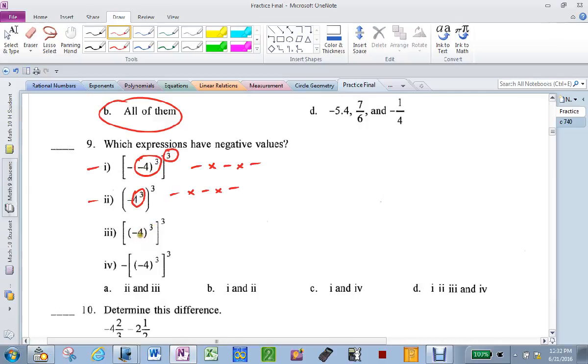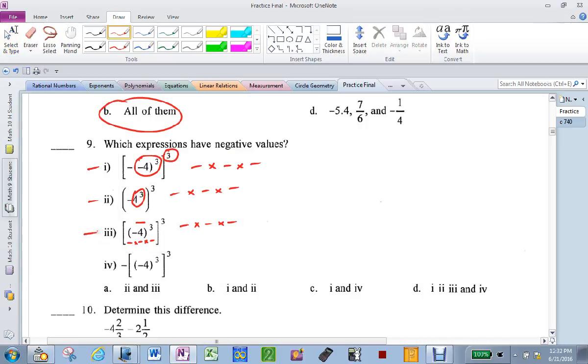This guy's a little trickier. This negative is part of the base, isn't it? So inside here, it's negative times negative times negative, yes? Yeah. Which would get me a negative, agreed? Yeah. And then that negative is 3 more times. Negative times negative times negative. So what's that guy? Negative times negative, negative, negative.